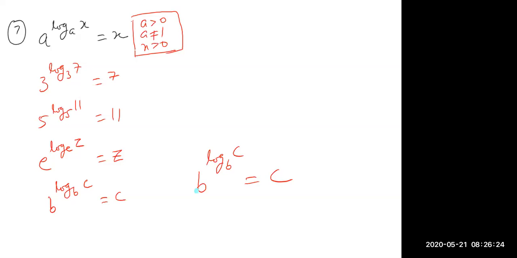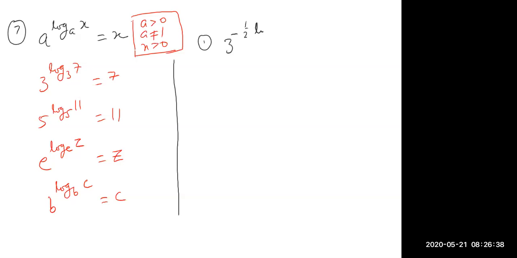On this property, I'm giving you some questions now to solve based on this property only. Question number 1, simplify 3 raised to power minus 1 upon 2 log 3 9. Question number 2, 2 raised to power log 8 5.